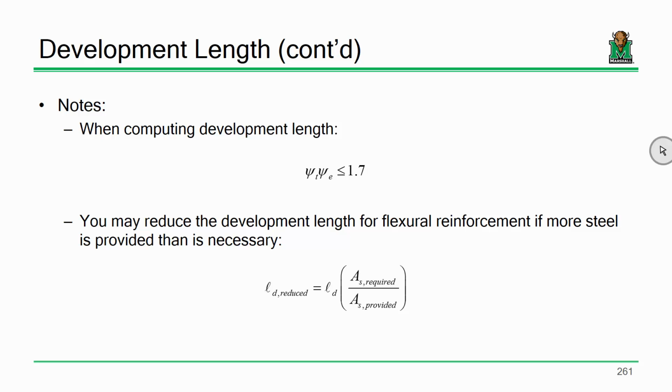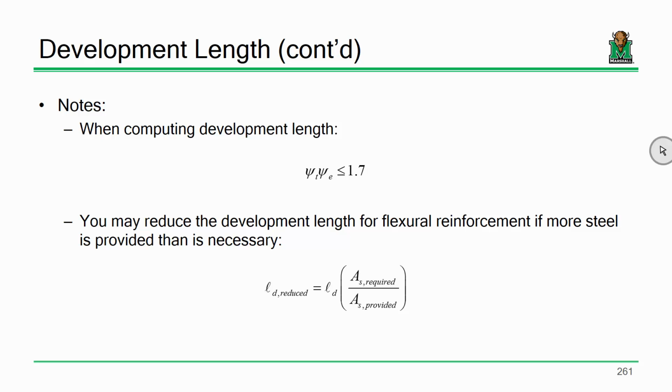So then you pick 6 number 9s that has an area of steel of 6 square inches. So there's a difference between what was actually required in that beam for the purposes of design and what we actually picked. You can take the ratio of those two and bump down your development length a little bit based on that ratio. Does that make sense?